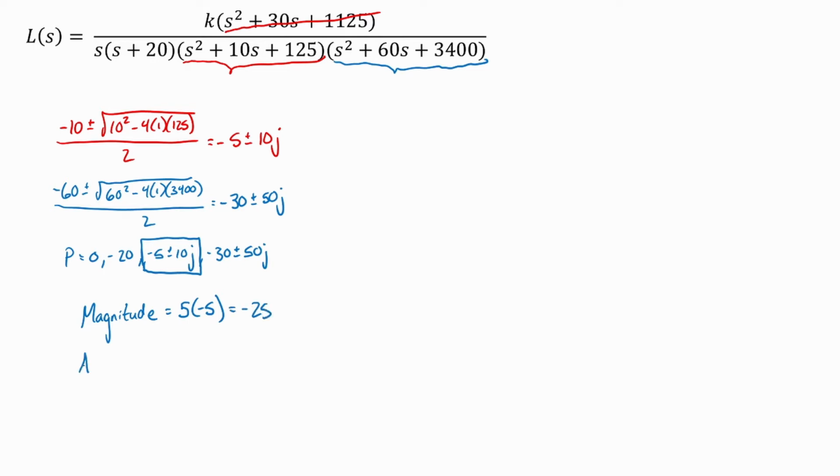So that means any pole with a real value less than -25 is considered insignificant.